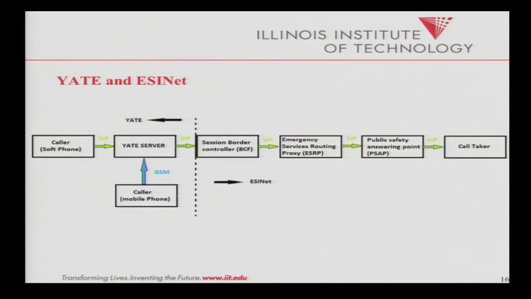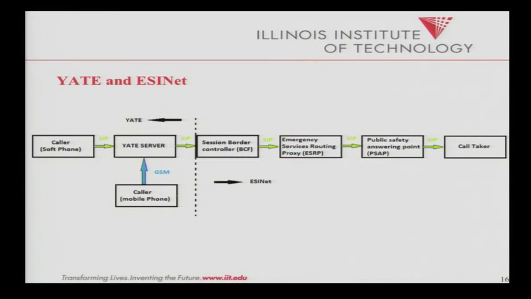Our second goal was to establish a peer connection between YATE and the EZINet. We did this by configuring the dial plan in the YATE server. The dial plan was supposed to look at the call and identify if it's an SOS or an emergency call and direct it to the BCF.